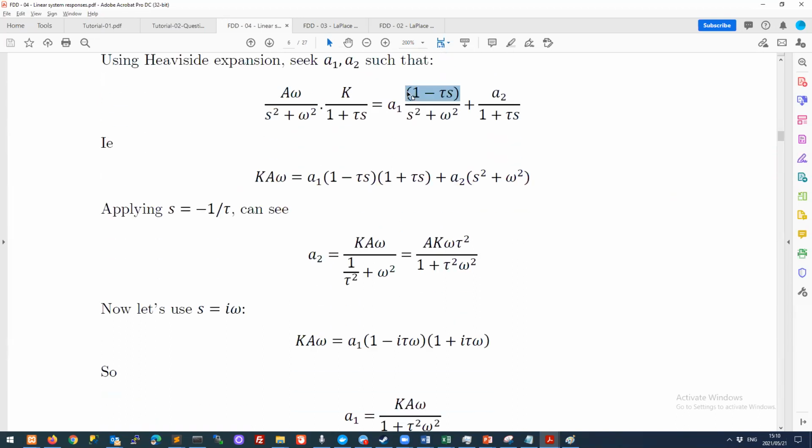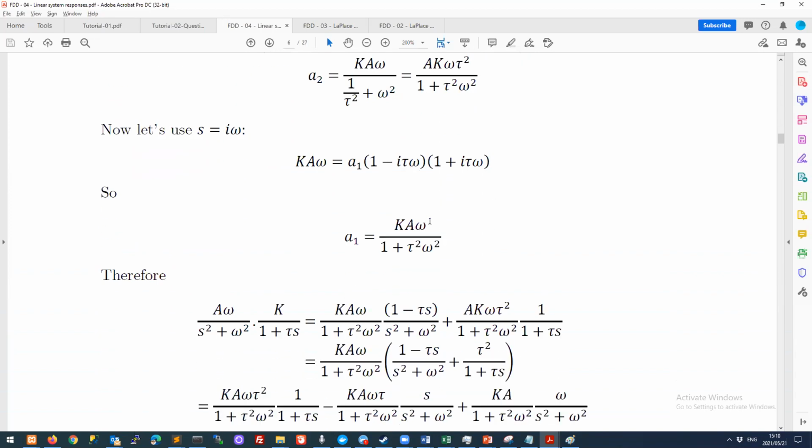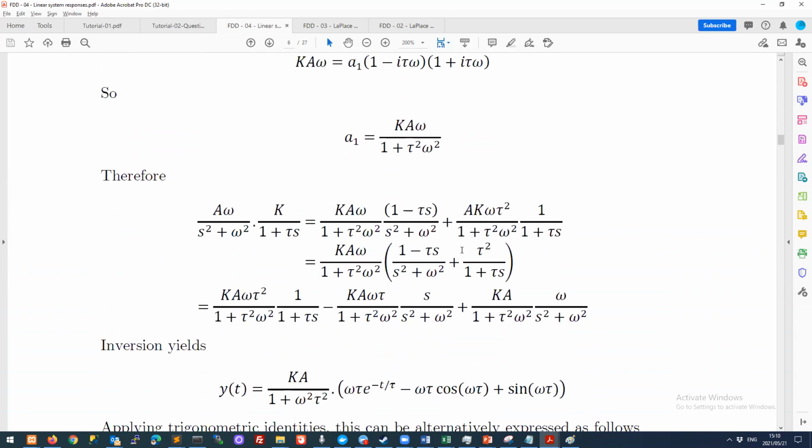So that's the reason for this specific factor here. So work through this one carefully and you'll see cleverly we've avoided an imaginary number. And so now you have a nice function which we can easily inverse Laplace transform.